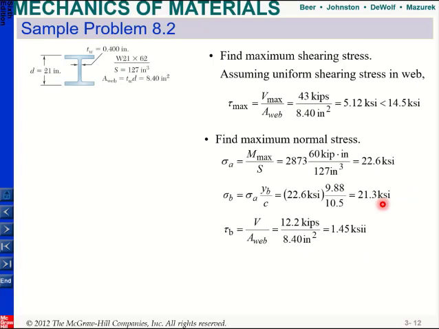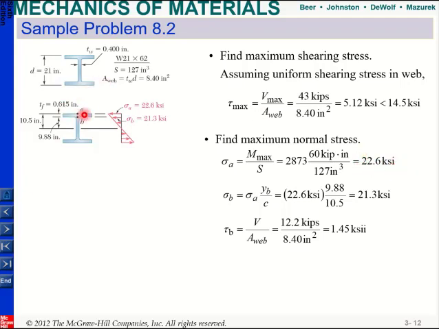So I will look at different points. Since this is an I-beam and we did an example before, I know that points A and B are the critical ones. At point A, I find my normal stress, which is equal to Mmax divided by S. You can just put in the numbers, and my maximum normal stress will be 22.6 ksi.